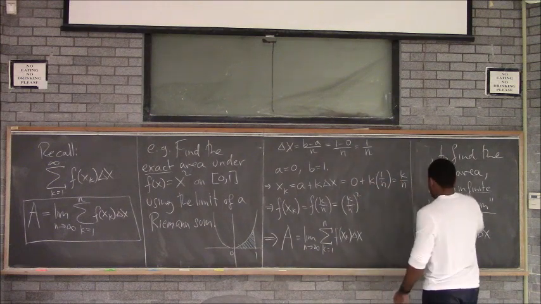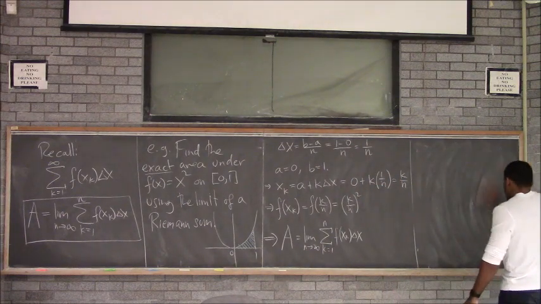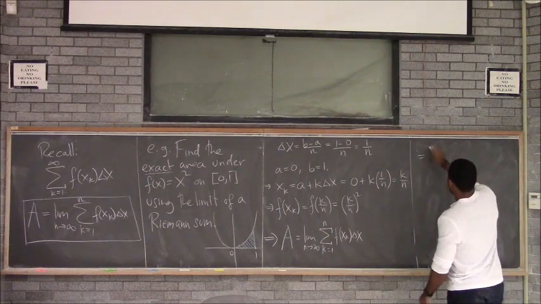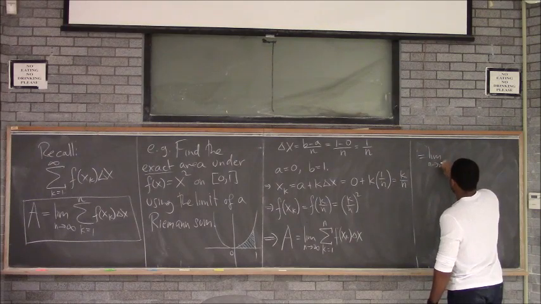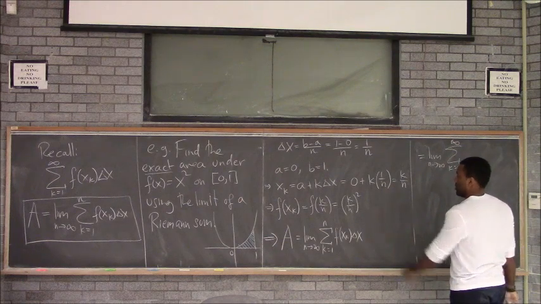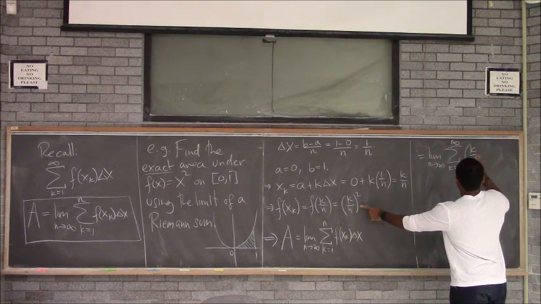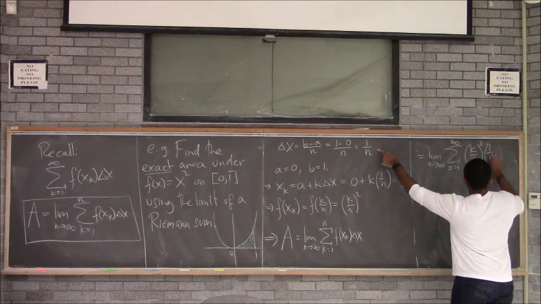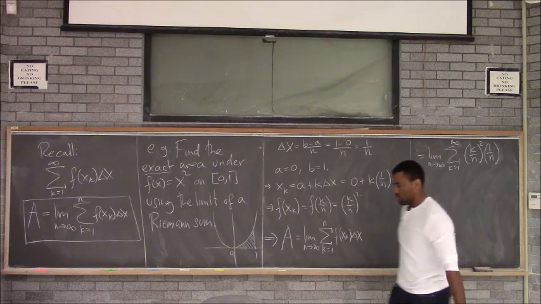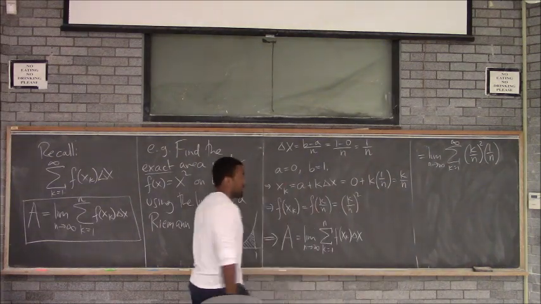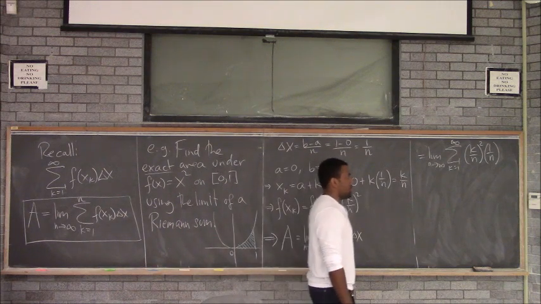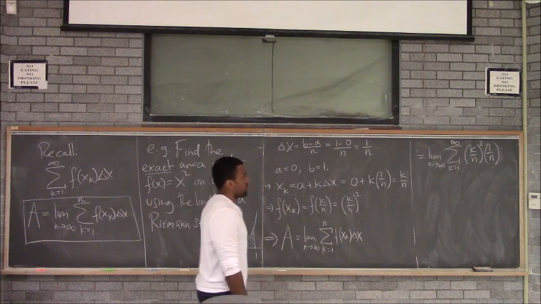And that will be equal to the sum of this k over n squared times 1 over n. If I can compute that limit, that is going to be my area according to the infinite Riemann sum.